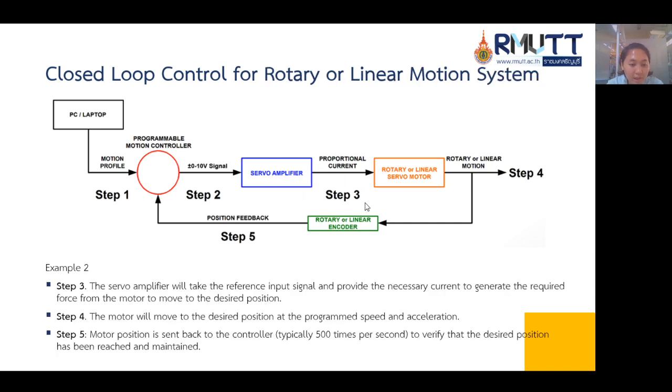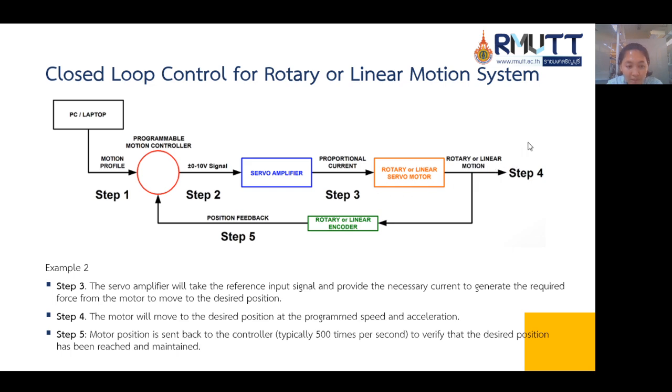And then in step 3, the servo amplifier will take the reference input signal and provide the necessary current to generate the required force from the motor to move to the desired position.